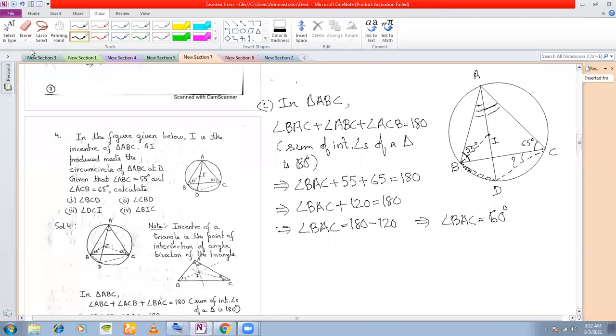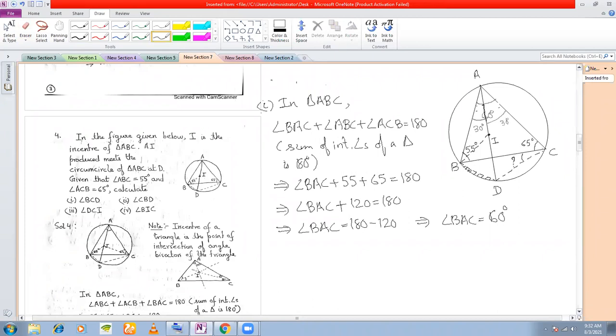So we have got this entire angle as 60 degree. So how much will be this angle? 30 degree. This angle will be 30 degree. Why?